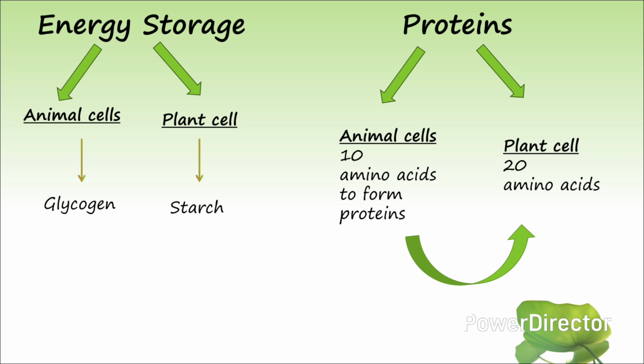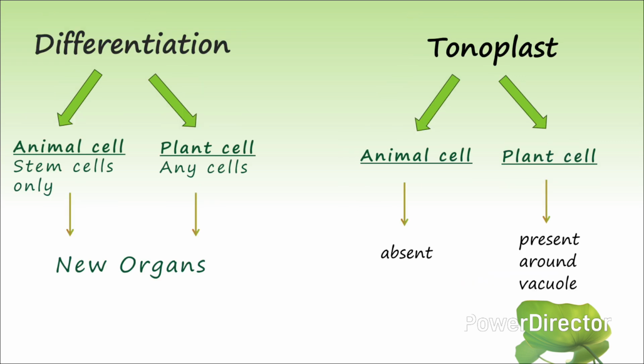Whereas plant cells can synthesize all the 20 amino acids. Next is differentiation. In animal cells, only stem cells are capable of converting to other cell types, but most of the plant cell types are capable of differentiation and form into other structures.